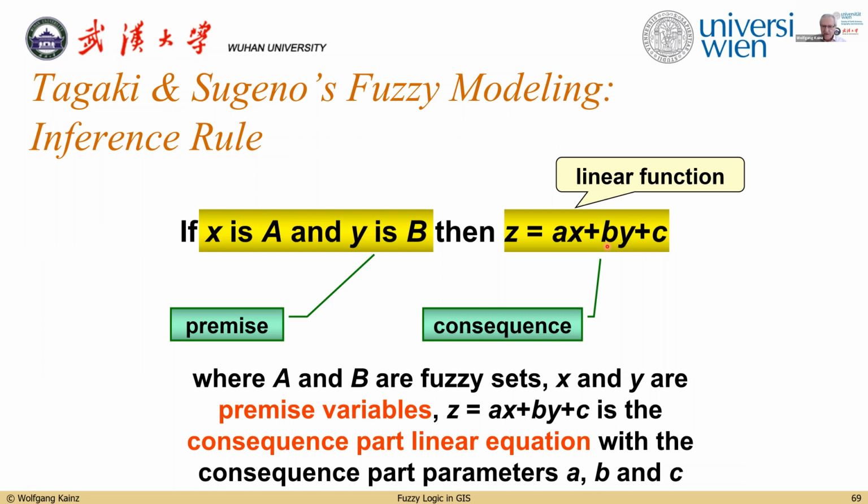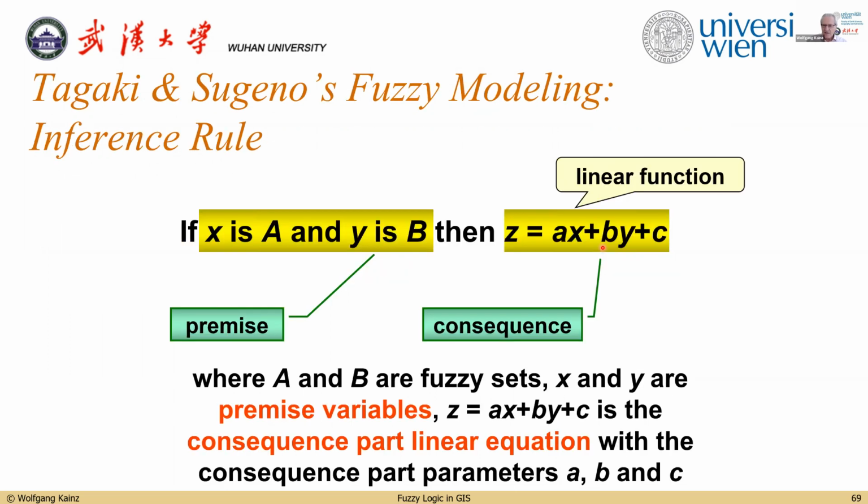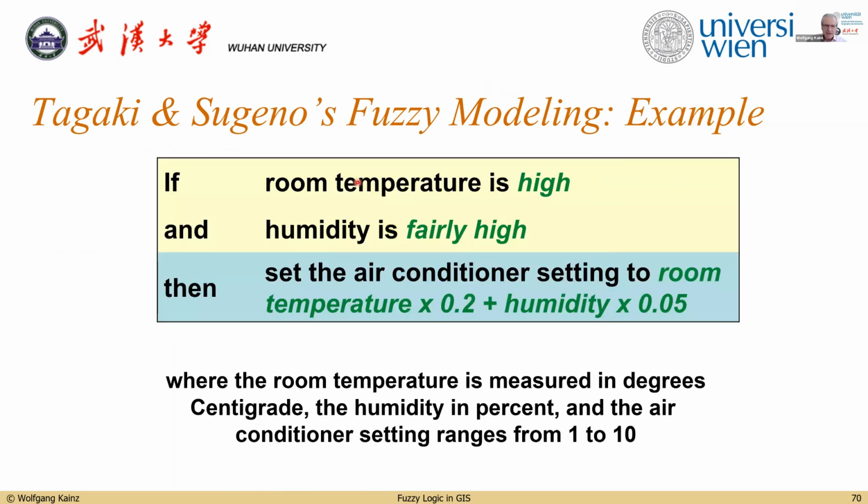So the difference is that the conclusion is not, as in our case, a fuzzy set, but it is a function of the variables. An example could be, again, with the same example that we used before: if the room temperature is high and humidity is fairly high, then set the air conditioner to a function of room temperature and humidity. So that would be the second approach.